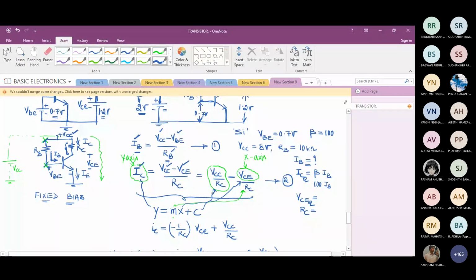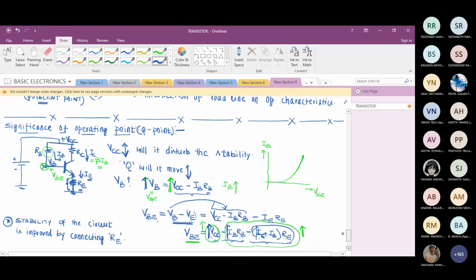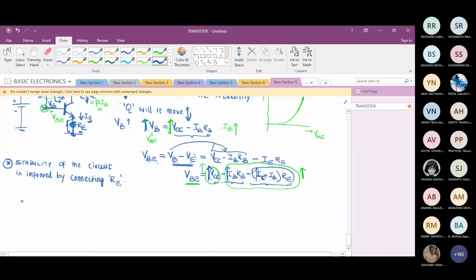If suppose RE is given, then you may have to modify the equation. What modification do we have to do now? Anybody in the class? Suppose I ask you what is IB? Equation number 1 gets modified.